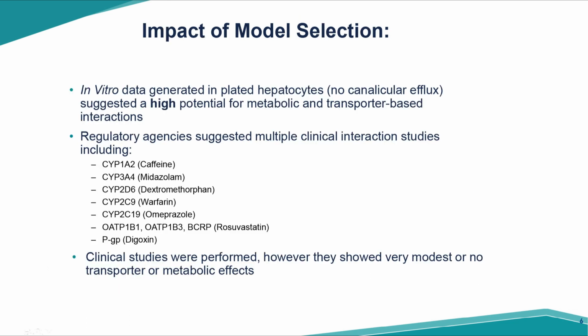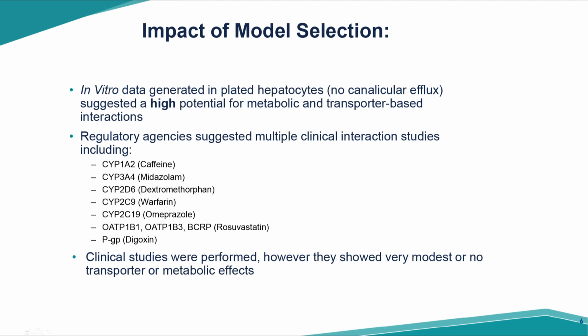So it was critical for them, and these in vitro studies actually predicted a lot of potential for hepatotoxicity. Of course, then when they went to the regulatory agencies and they saw this data, they wanted a number of different clinical drug interaction studies.